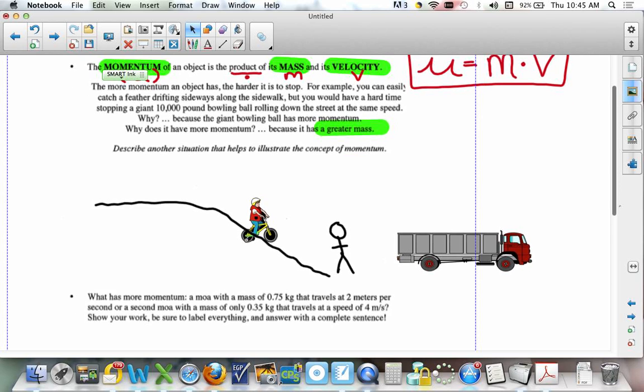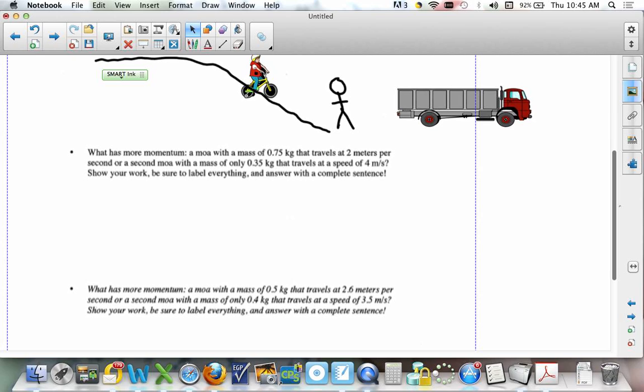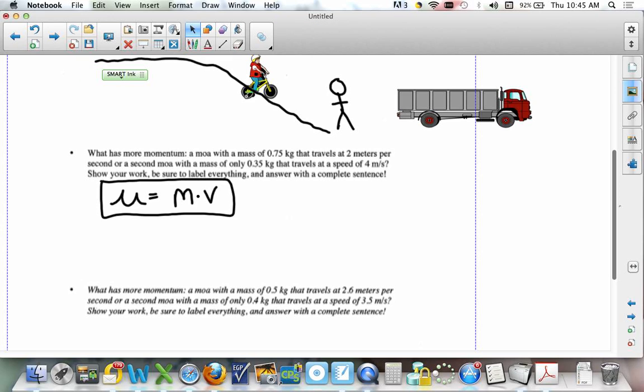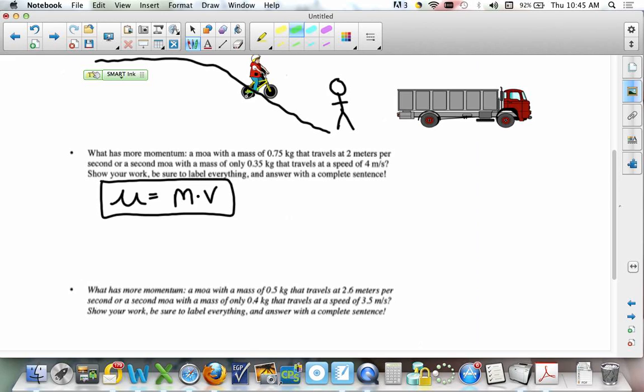And when we look farther down here, what I want you to do is use that equation. Let's rewrite it again. It's mu equals mass times velocity. And I want you to find the momentum of these two objects. So when I look here, this one says that there are these two different MOAs, right?